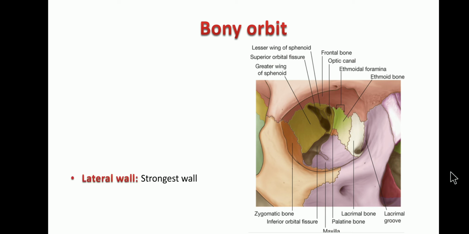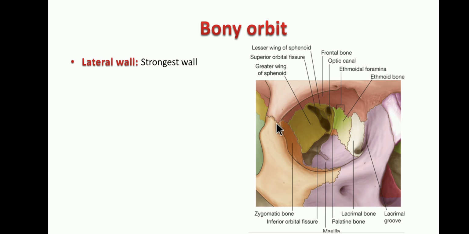The next wall is the lateral wall, the strongest wall of the orbit. Of the four walls, the lateral wall is strongest, because it has to withstand the forces of mastication. So here you have the molars, premolars. So it has to actually withstand the forces of mastication.